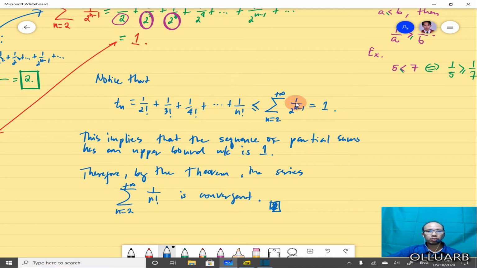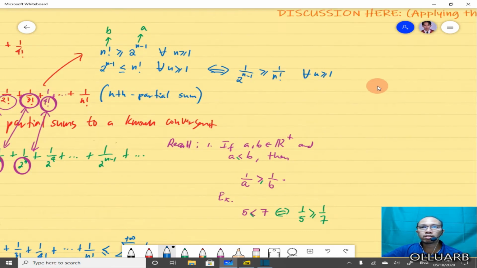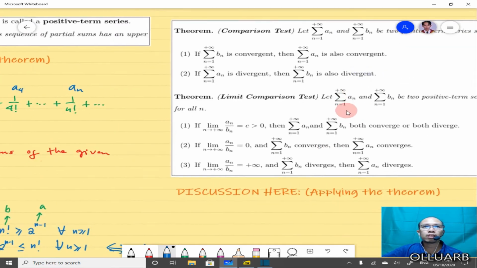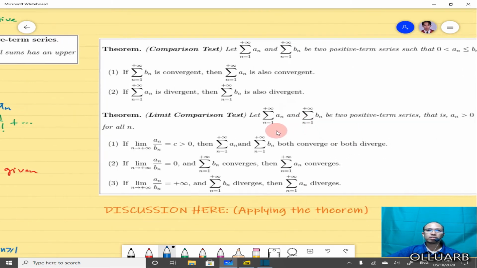This theorem is a particular case of our next lesson, the comparison test and the limit comparison test.